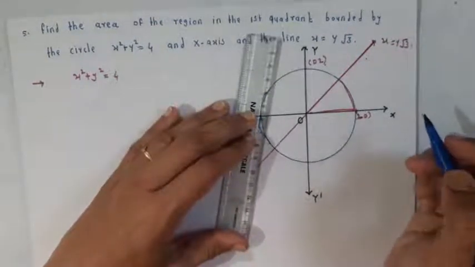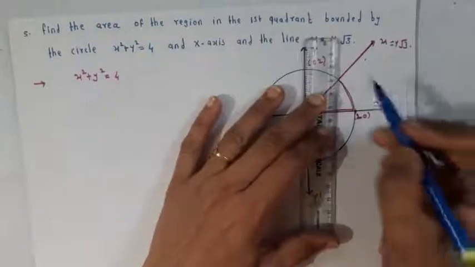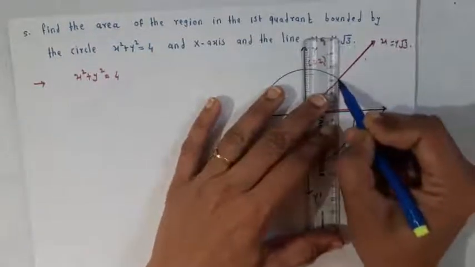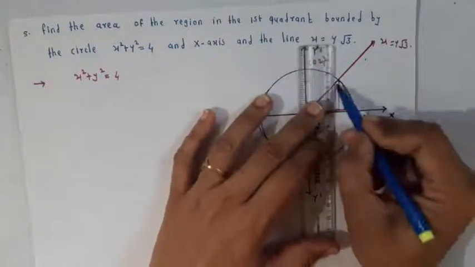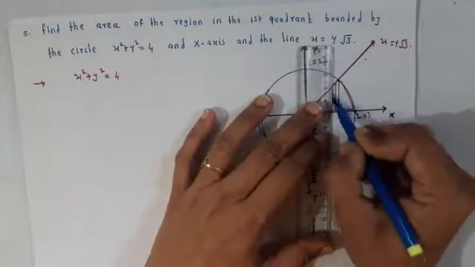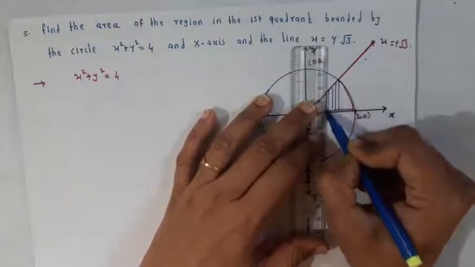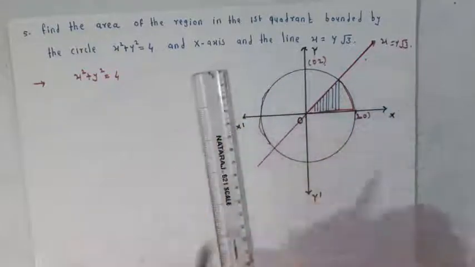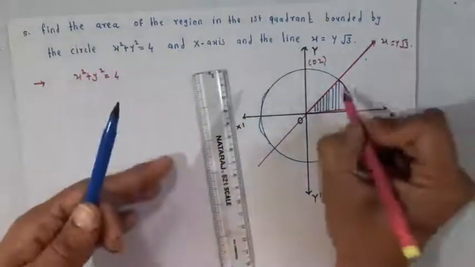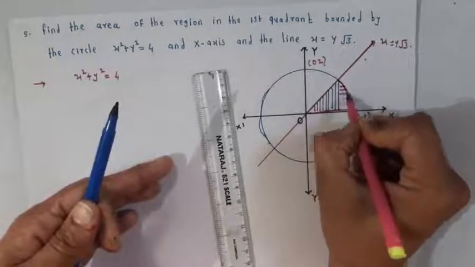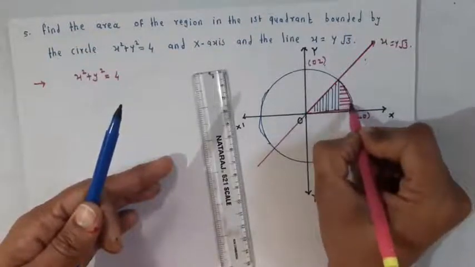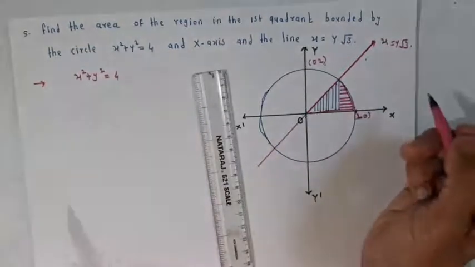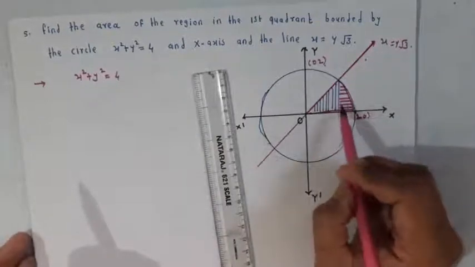Now to find out this area, this is the area. Okay students, now we have divided the area into two parts. Why have we divided the area into two parts?